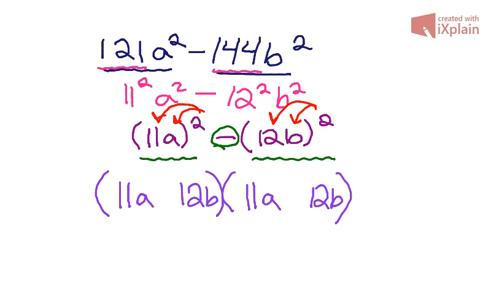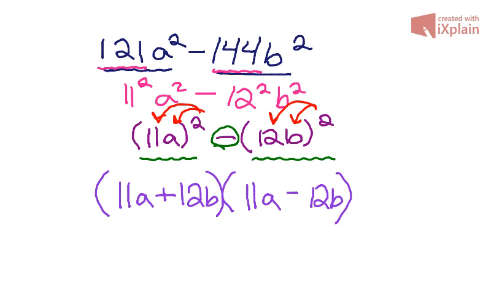But then note that you have that difference sign, so in order to get that negative sign, if I were to FOIL this out, I would need one value to be positive and one value to be negative. Now bear in mind also that if you had written this in the other direction, so if you had done 11a minus 12b times the quantity of 11a plus 12b, that's fine. That's just your commutative property at work. That's why it doesn't matter which one is written first.